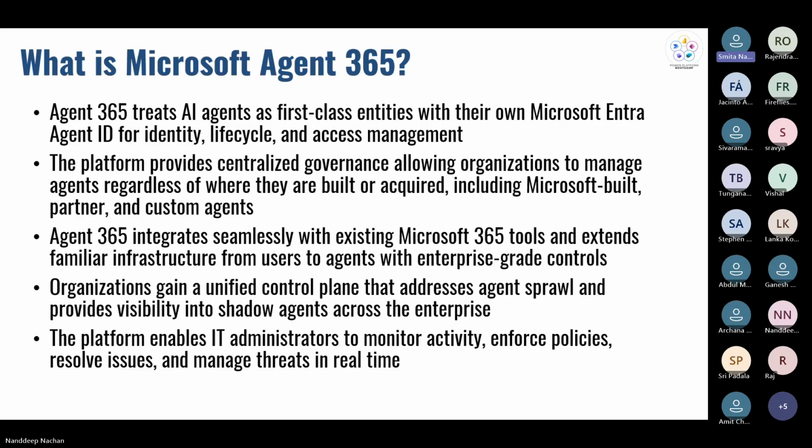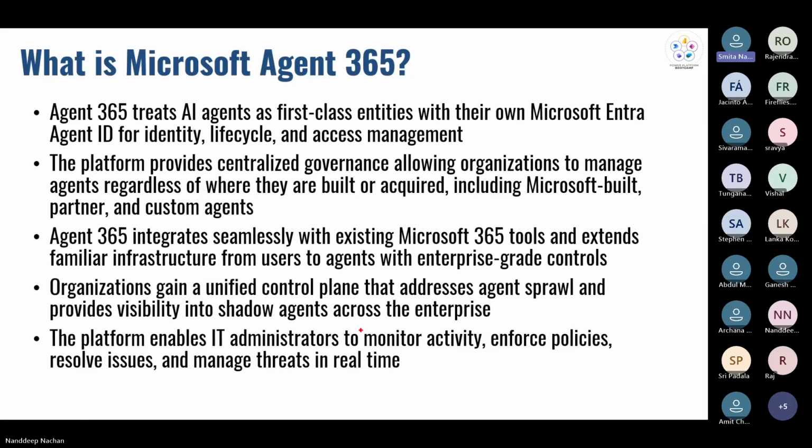Then, the seamless integrations with Microsoft 365. One powerful aspect is integrations, which makes adoption safer as well as faster. Then the unified control panel. Think of Agent 365 as a centralized dashboard for AI agents, with real-time monitoring and threat management.